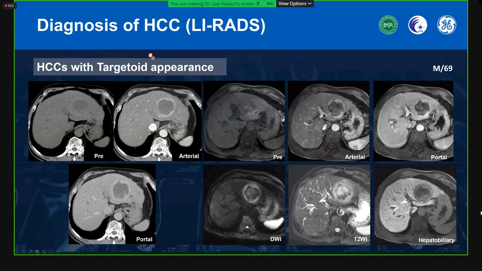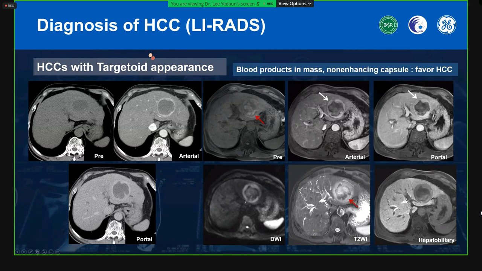On MRI, this lesion also shows thick peripheral arterial enhancement, no washout, and peripheral diffusion restriction. We can find another meaningful finding on MRI. I think this is the advantage of MRI. On pre-contrast T1 weighted images and T2 weighted images, the internal component shows high signal intensity on T1 weighted image and dark signal intensity on T2 weighted image, representing blood product in the mass.